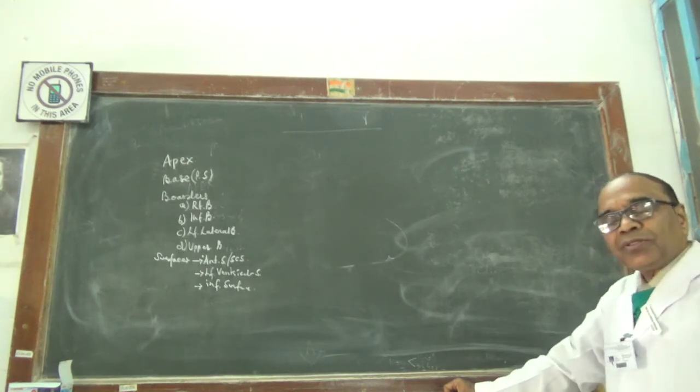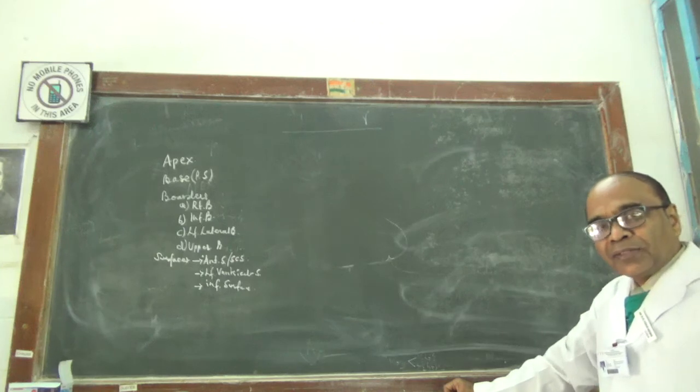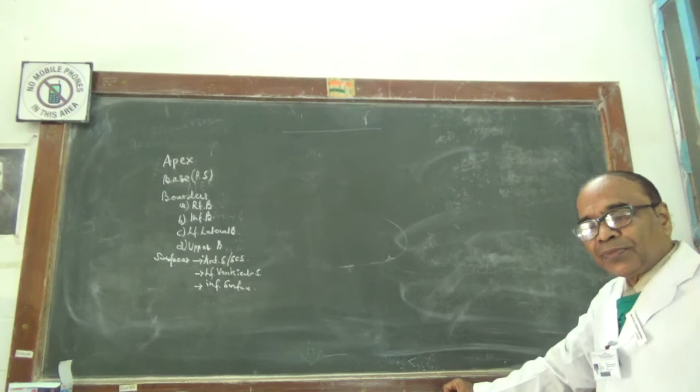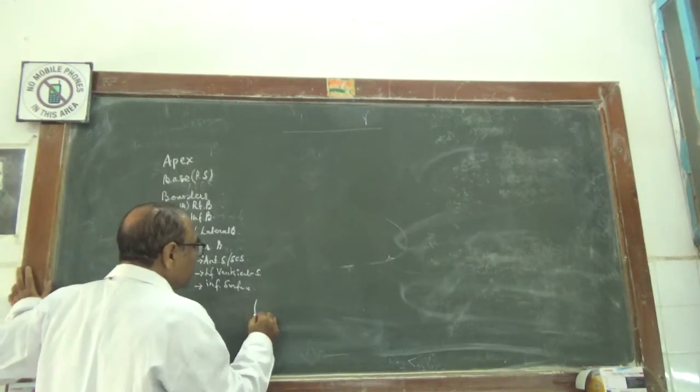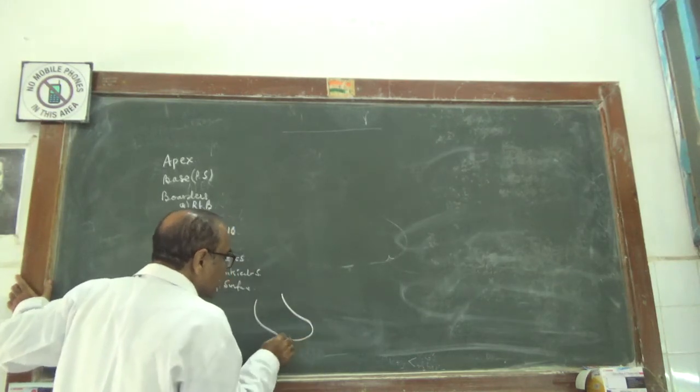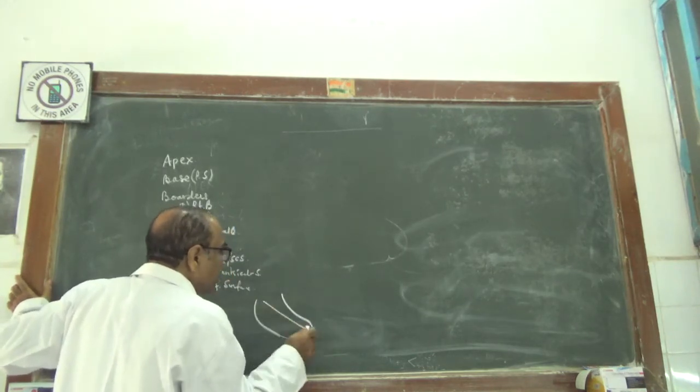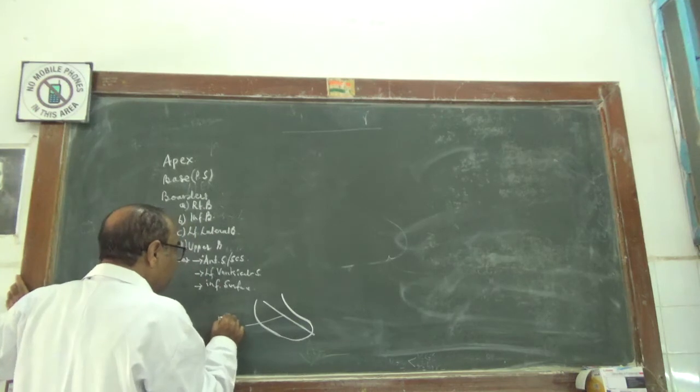So now this heart, which is having all these, has got dimensions. From the base to the apex, the length is 12 centimeter.